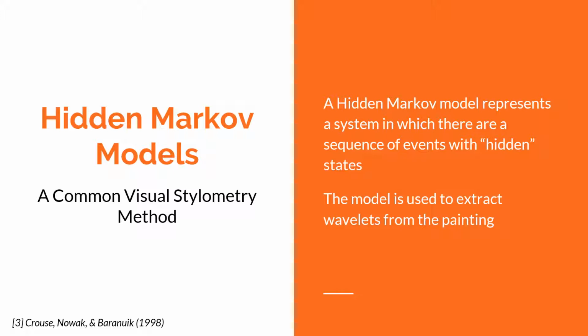Essentially, what the hidden Markov model does is it models a system in which there are a sequence of events with hidden states. Now, this sentence is probably pretty confusing, but we can break it down by looking at a simpler example. For example, we can look at a common statistical problem known as the ball and urn problem.